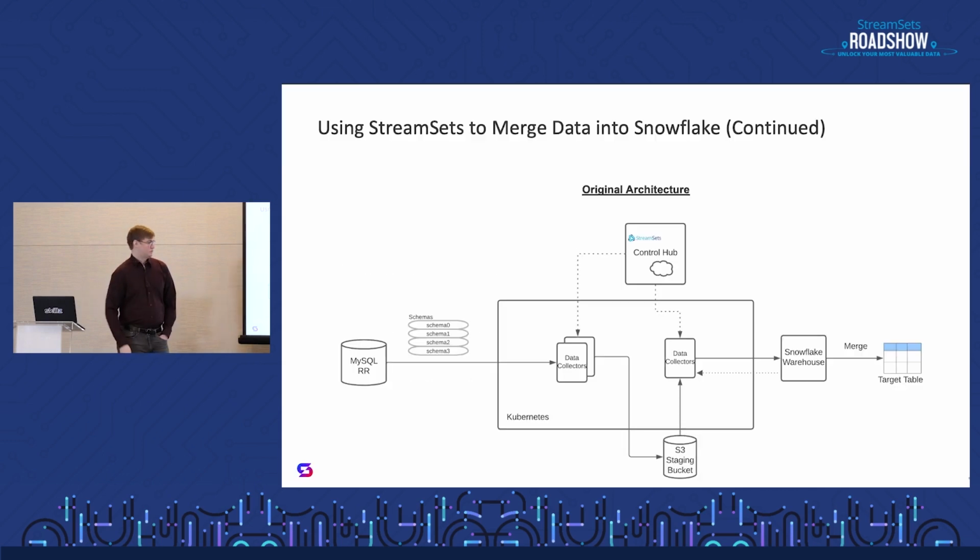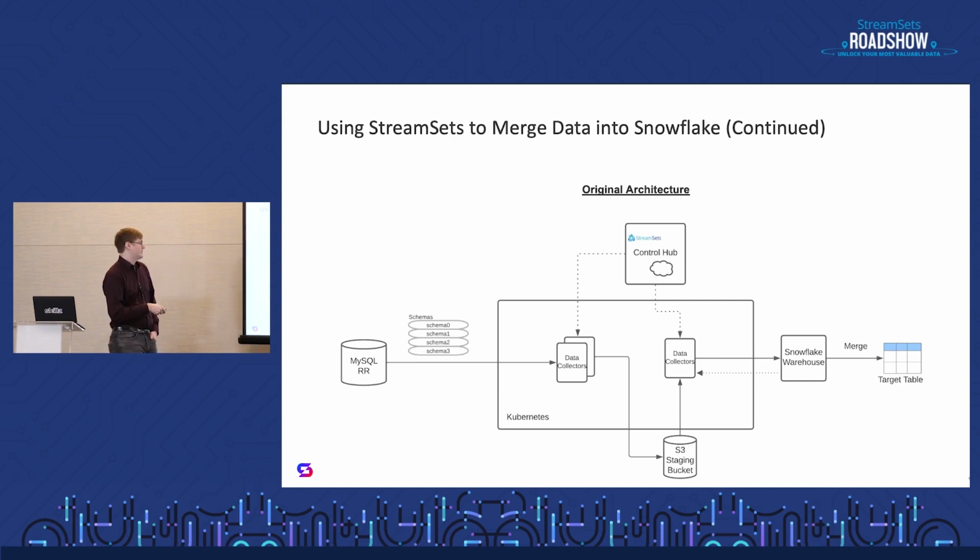So moving on a little bit. This is once again basically a diagram of what was in the previous setup and what everything's doing. We're starting out with our MySQL, with whatever schemas and tables we have as part of the database, and then we're entering our environment in Kubernetes. So everything's internal to us at that point, where the data is being staged in S3 for the Snowflake processor to essentially merge.